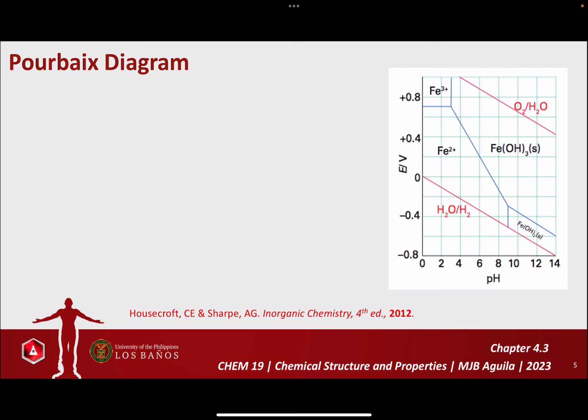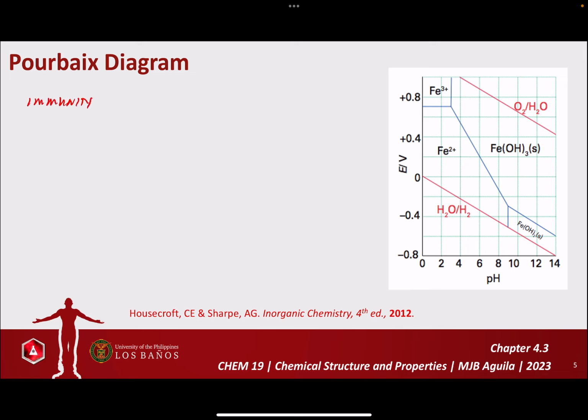With that, how do we further interpret the figure? So we have here regions of stability. The stability region can be designated as immunity.